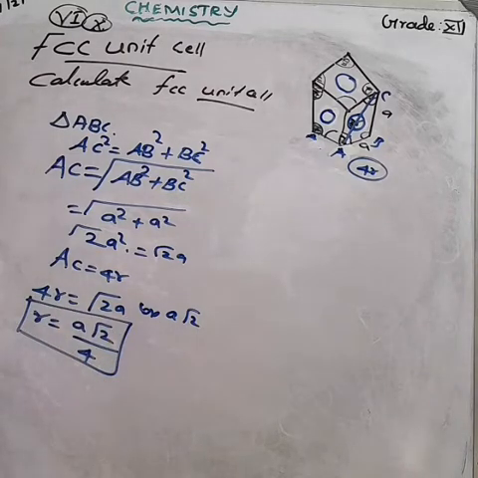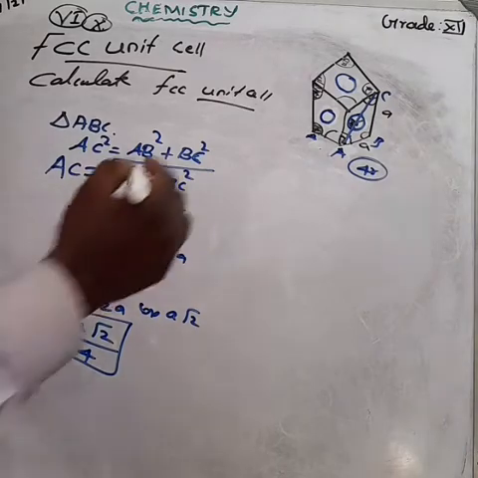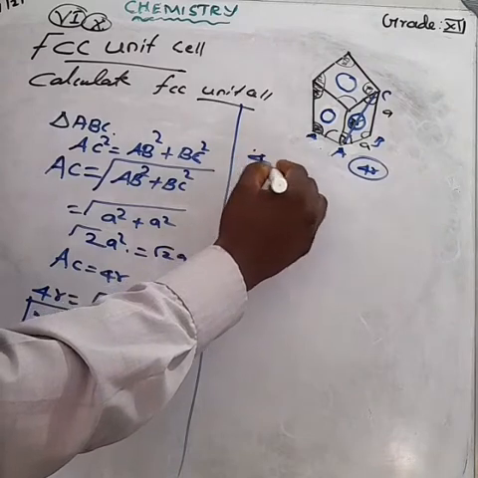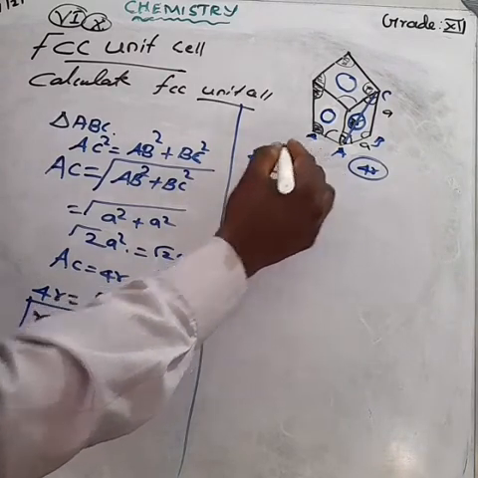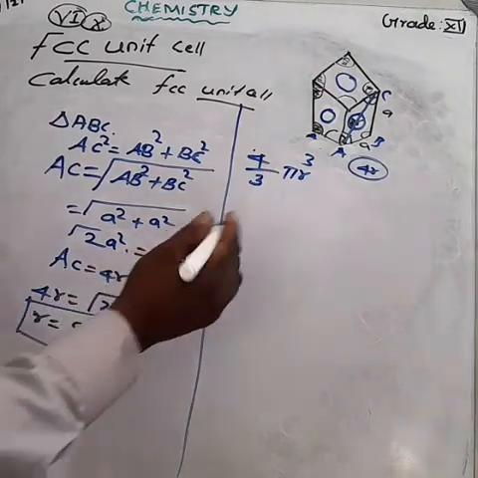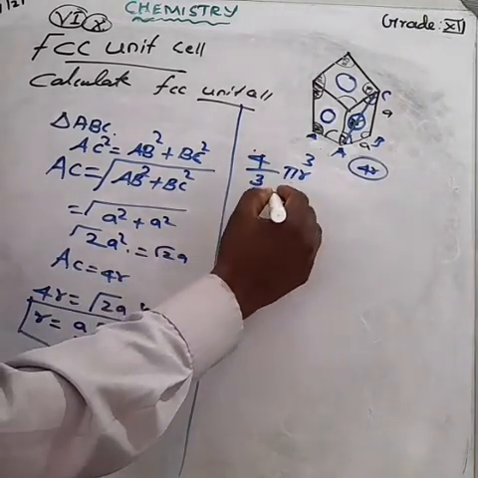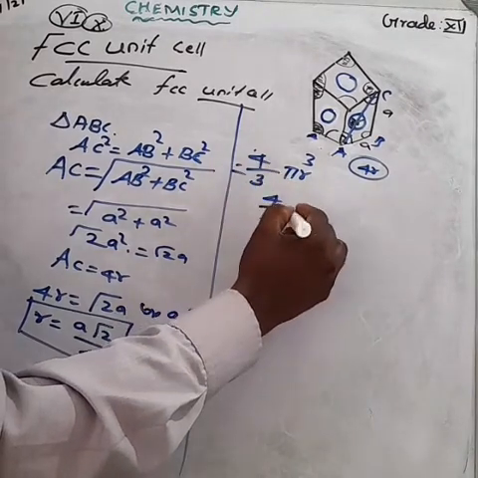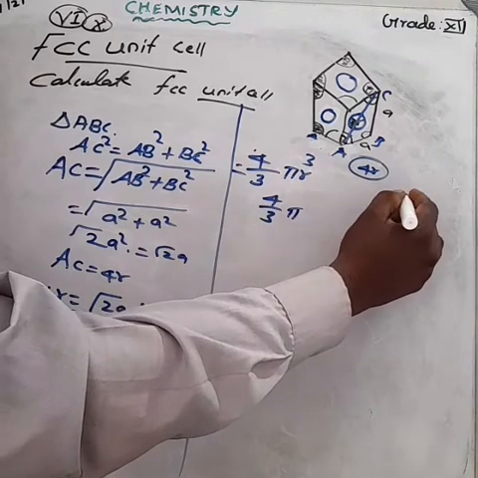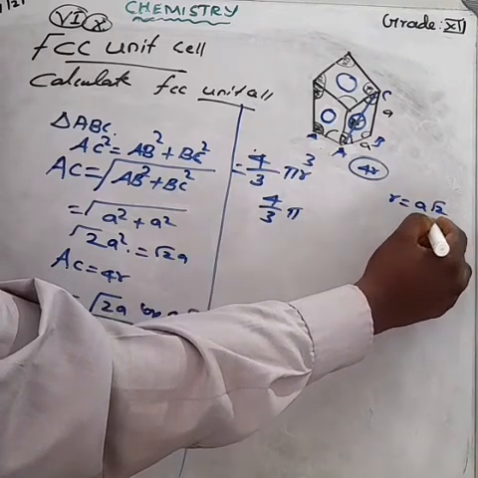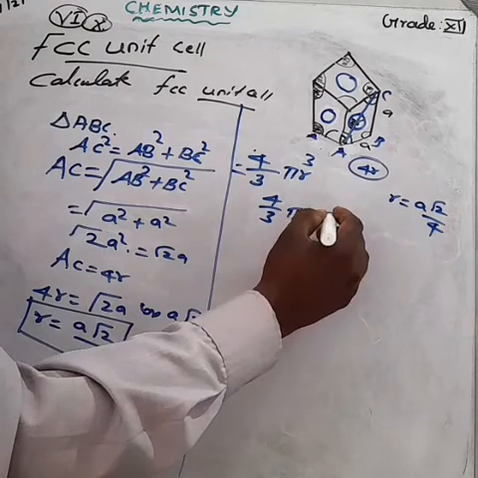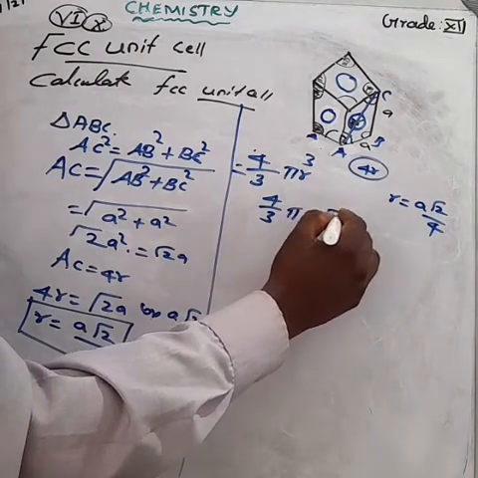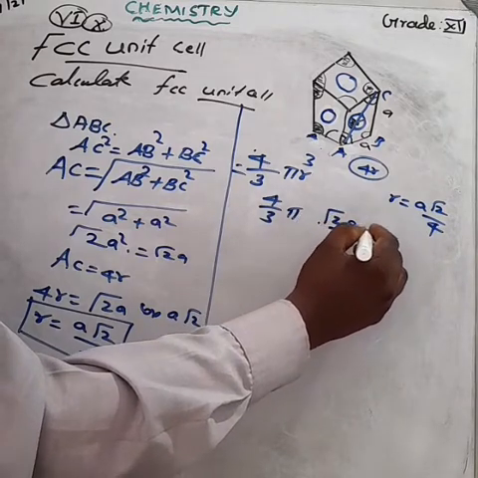What is the volume of the sphere? All of you know that. Volume of the sphere is equal to 4 by 3 pi r cube. So the volume of the sphere with radius r is 4 by 3 pi times r cube. What is the r value? r is equal to a into root 2 by 4, so root 2 a by 4, the whole cubed.